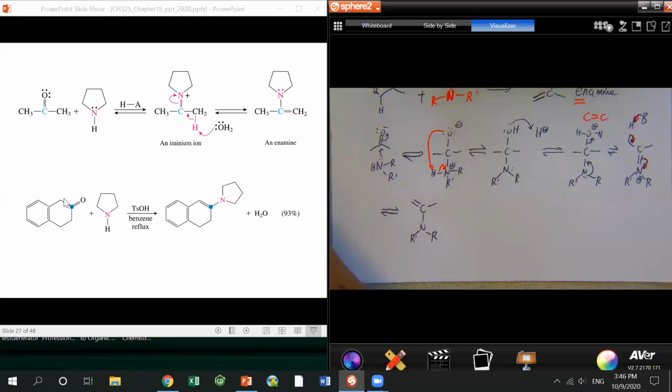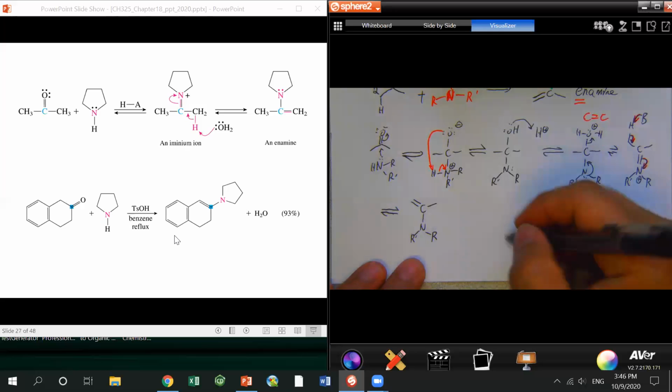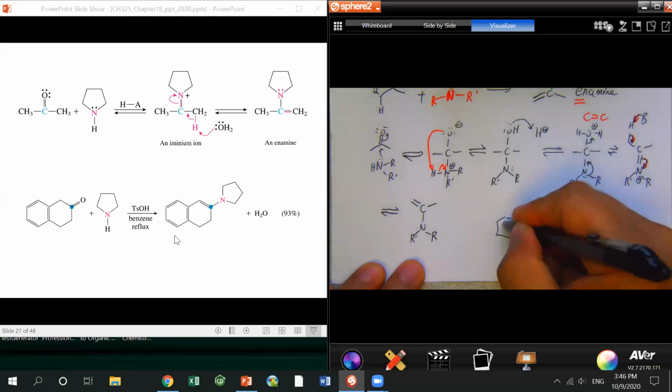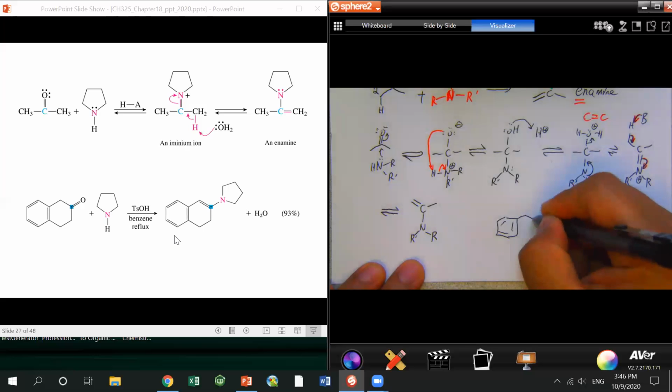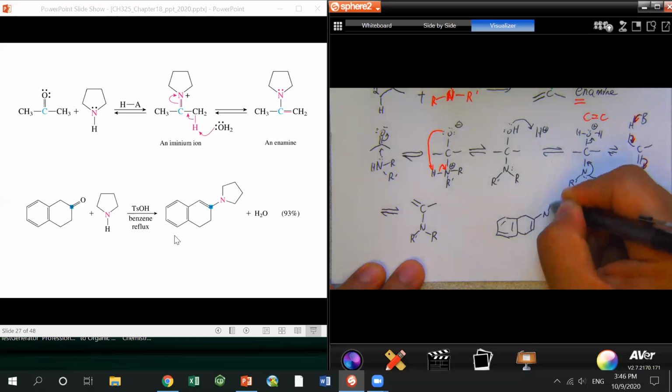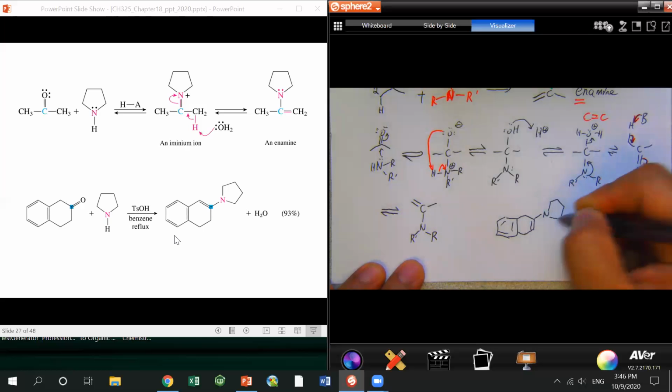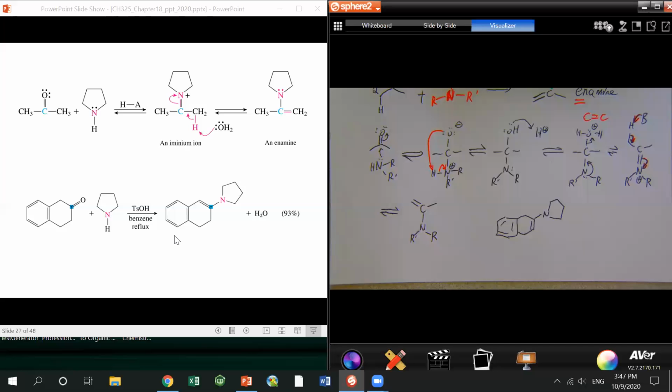Does anyone know why we didn't get this other compound? That's close, very close. It's actually only one word. Anyone know what the word is?